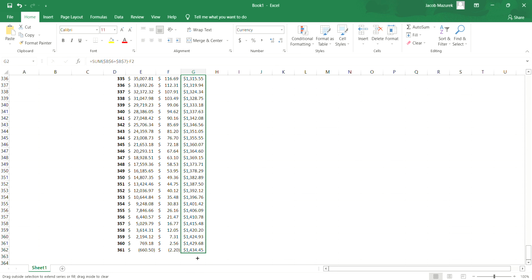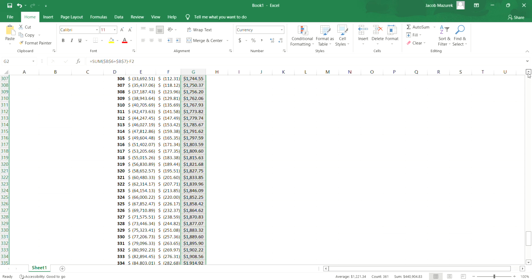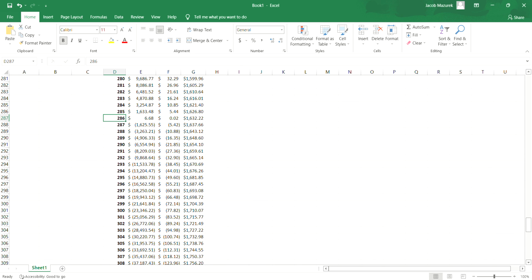And here's what's going to happen. You notice here that there's some negative numbers at the bottom. Once I let go of this, it's going to fill in all these with the new formula, and you're going to see a lot more of these negative numbers, like this. That's because that $200 extra payment is eating up the principal a lot faster. So the last payment that you make is here at payment number 286. That's your last payment.